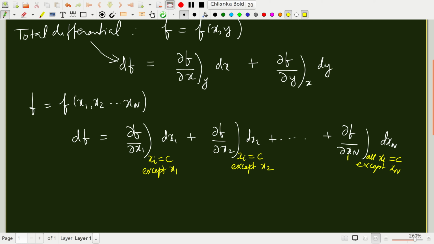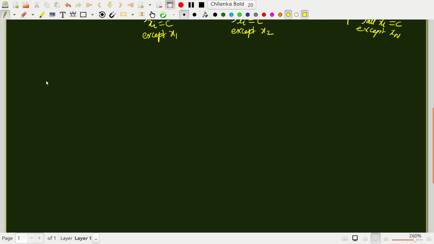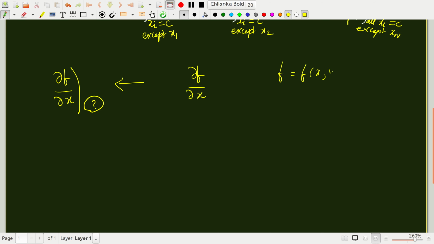In the last module we also talked in some detail about the meaning of the partial differential, and understanding what is kept constant in a partial differential is very important. If you simply write partial f partial x, and f is a function of many variables x, y, z and so on, this does not make any sense because we have not clearly specified what is kept constant.